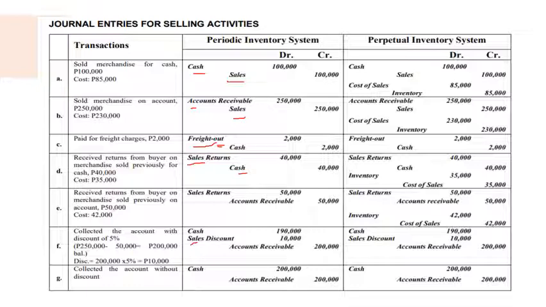If the buyer was not able to pay yet, but purchased on account, then instead of crediting cash, we credit accounts receivable to reduce the liability of the buyer and reduce our receivable. It depends on the consideration given by the buyer. If the buyer previously paid, we credit cash. If the buyer purchased on account, then credit accounts receivable.